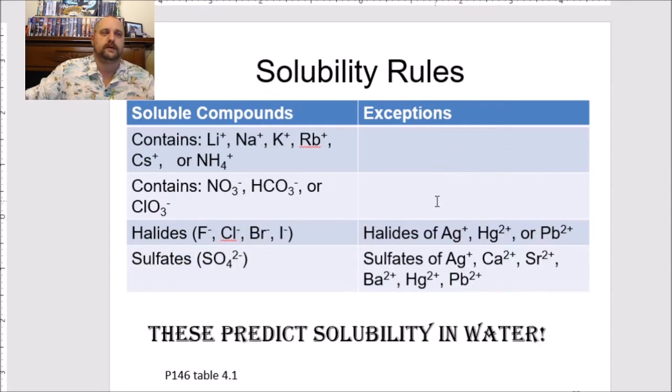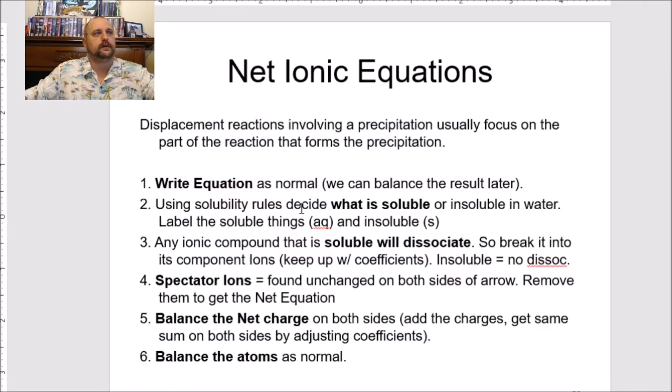Always keep in mind the exceptions only apply to the rule they're on. So the first two rules have no exceptions. Okay. So all right, let's move on to net ionic equations.